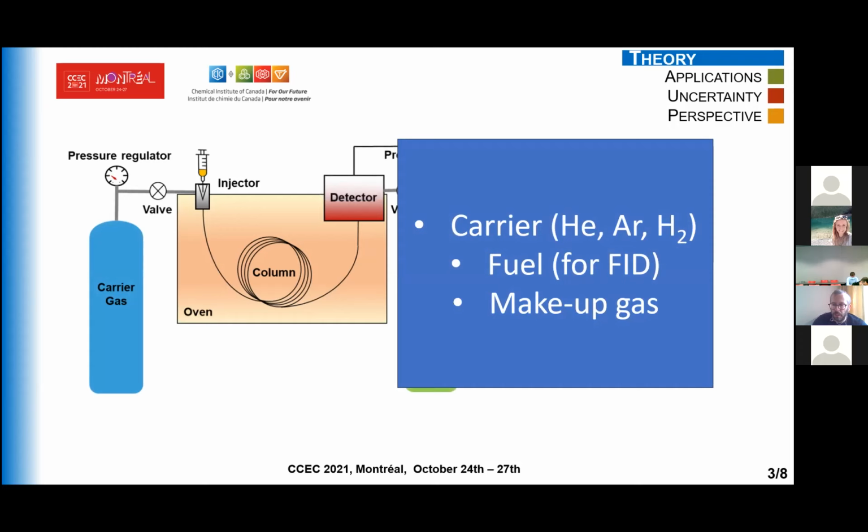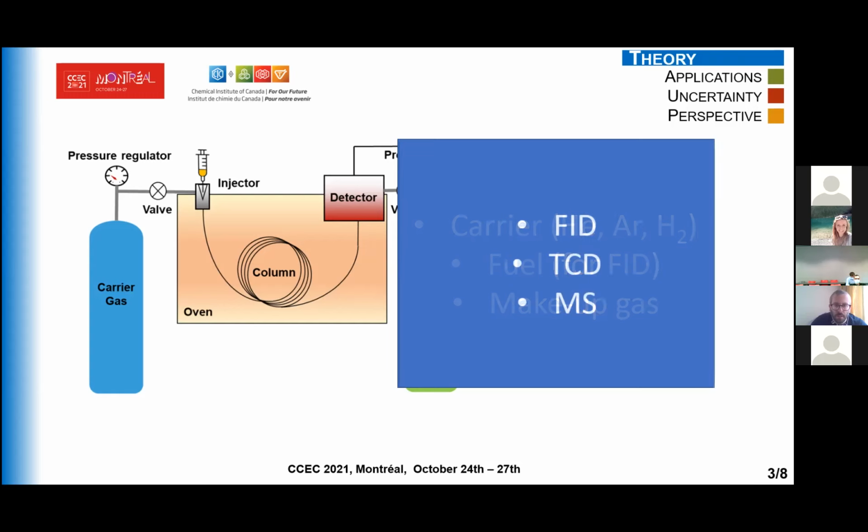The most common detectors are the flame ionization detector, FID, which employs a hydrogen-oxygen flame to ionize eluted substances and measure the ionization current variation, and is the best for the quantification of C-H bonds, so hydrocarbons, for example. TCD, which is a thermal conductivity detector, consists of a Wheatstone bridge that senses the change of resistance associated with the heat loss from the filament into the gas containing the analyte.